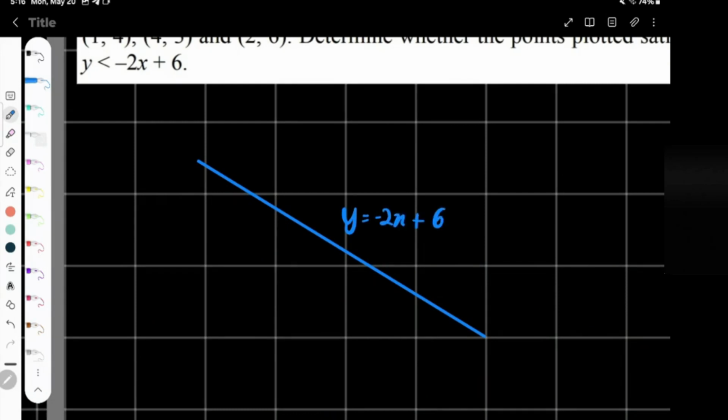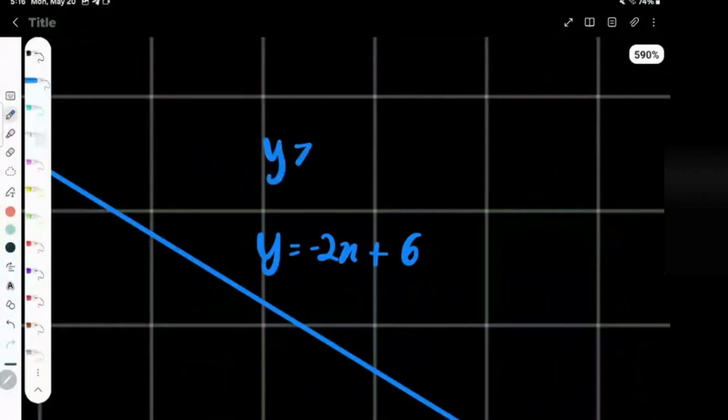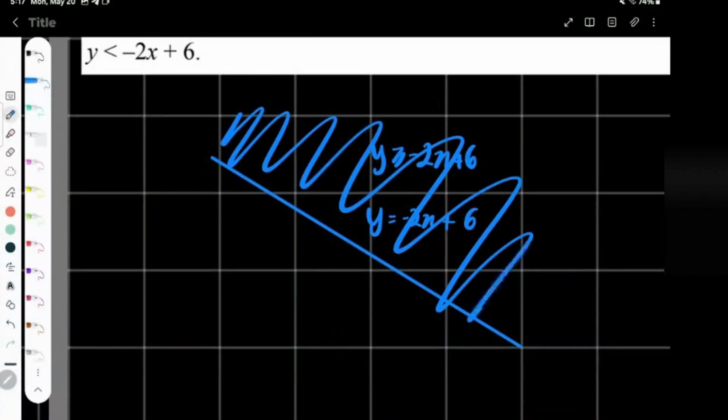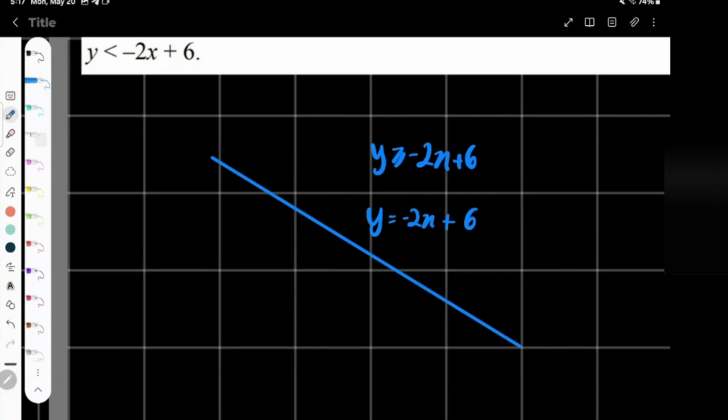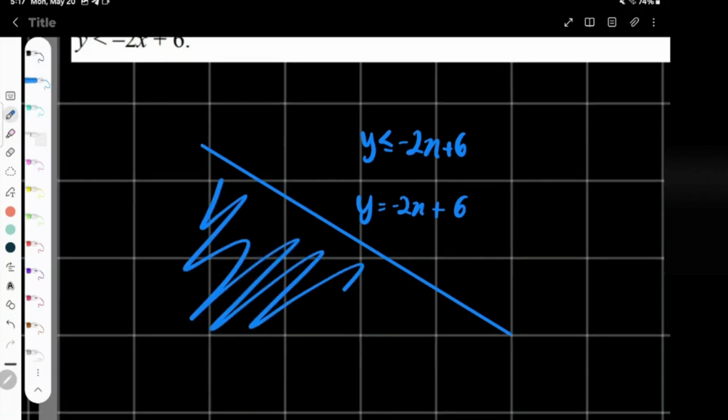If I were to say y is more than or equal to negative 2x plus 6, what does it mean? It means that y is above the line. But if I were to say y is less than or equal to, it will be below the line. Understand? Do you understand?